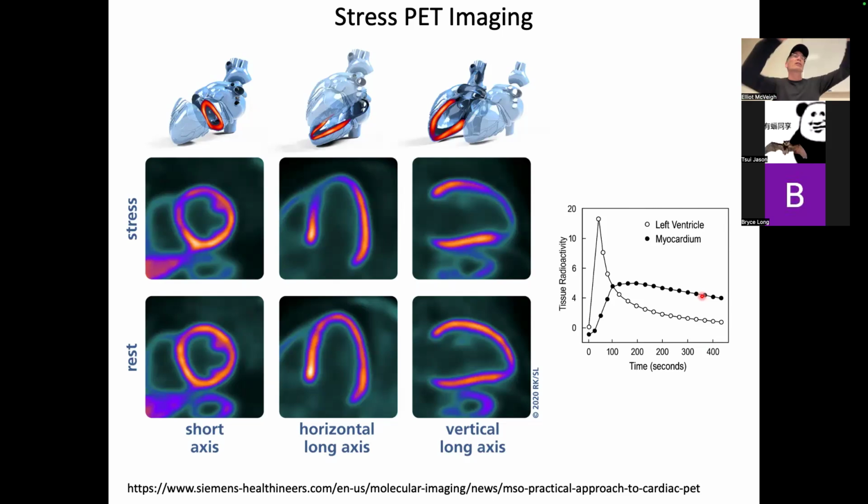It goes up in the aorta, then down the coronaries and into the myocardium. So you need those two curves. If you have both the input function and the myocardium function, you can actually compute how much flow is going in there: the actual milliliters per gram per minute of blood going into each tissue box.